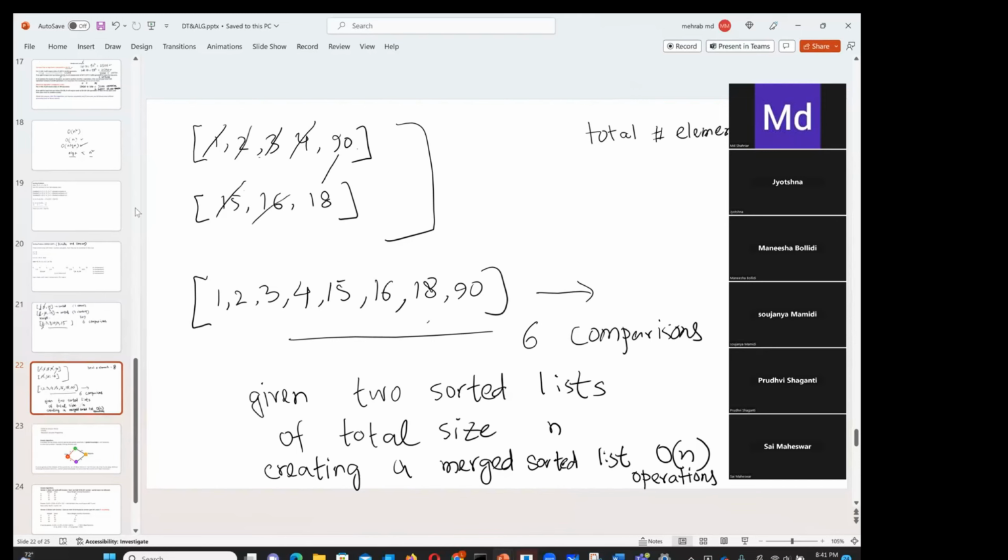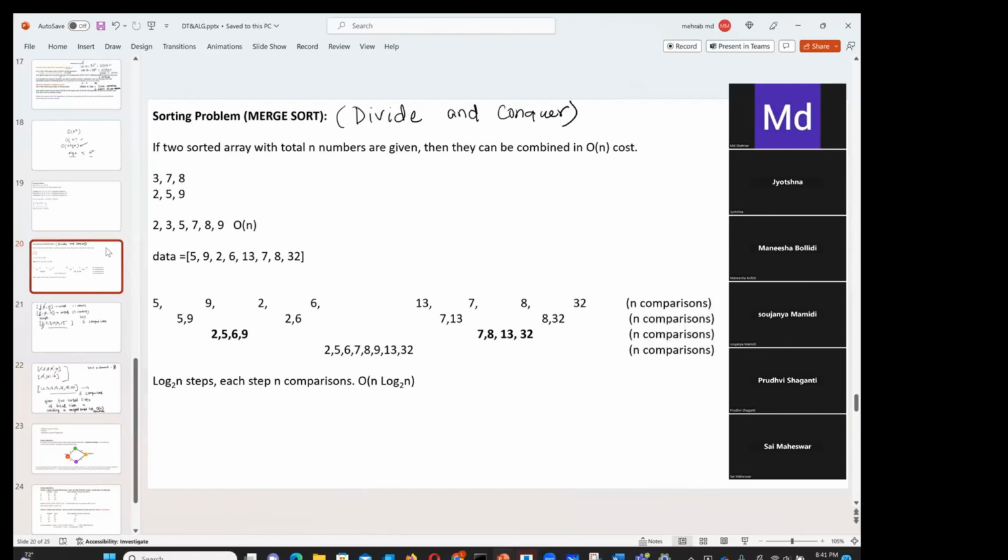Now let's try to use this in my divide and conquer algorithm, that is merge sort. Let's take this data.